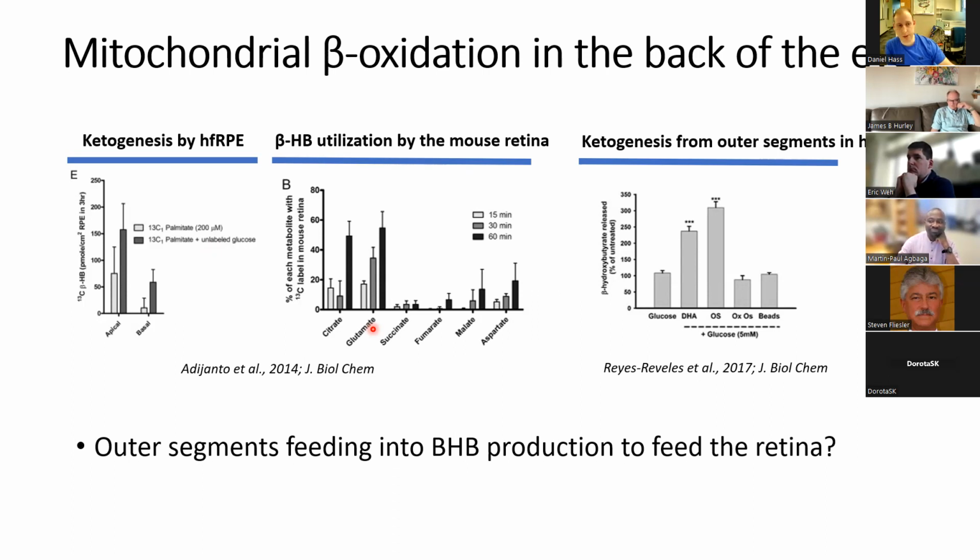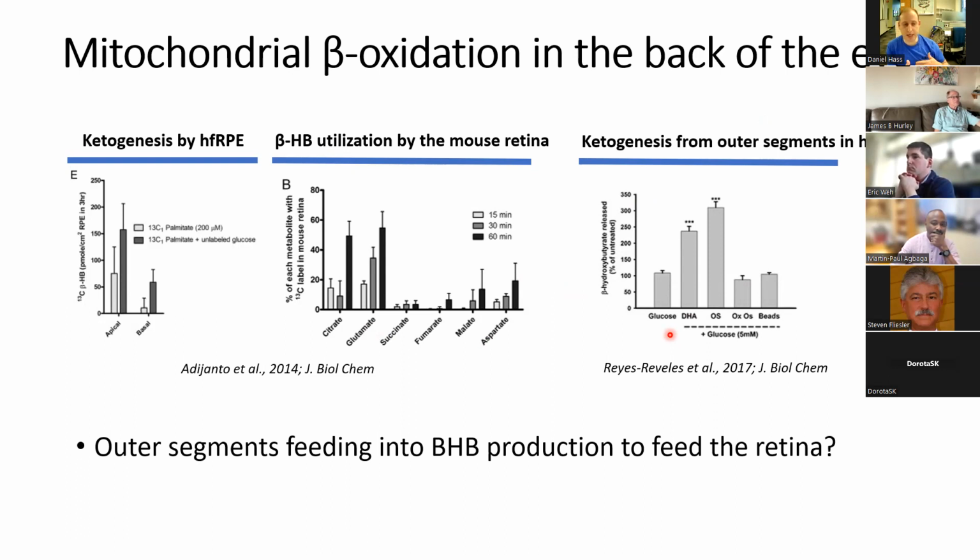So you have this sense that the RPE fatty acid oxidation could generate this thing that is then used by the retina. And then this paper from the Bose Battaglia lab took it a step further and showed that outer segments alone, or in addition to glucose here, are able to generate beta-hydroxybutyrate as well.